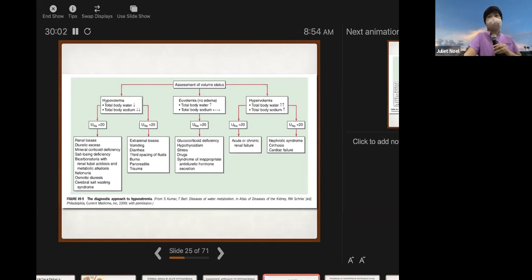So regardless of the cause, your urinary sodium will be high. So you measure that when the patient has not received a diuretic, or you wait until the effect of the diuretic disappears. Like furosemide, the effect is 6 hours.